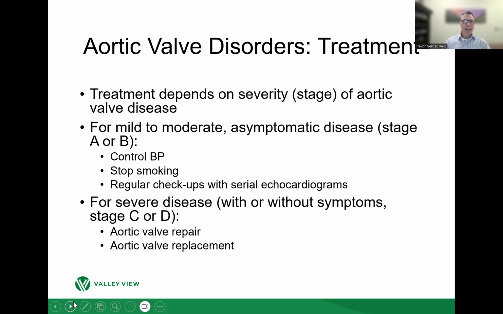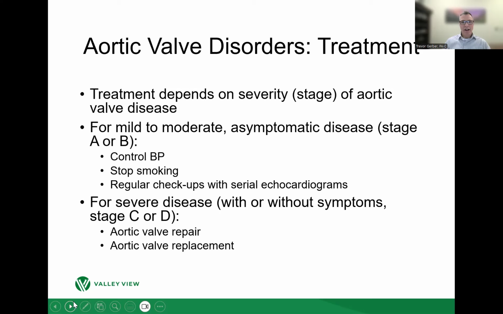It's important to stage aortic valve disorders because treatment depends on its severity. For mild to moderate asymptomatic disease, those that are in stages A or B, we recommend tight blood pressure control, refraining from smoking, and getting regular checkups with your cardiologist for serial echocardiograms.